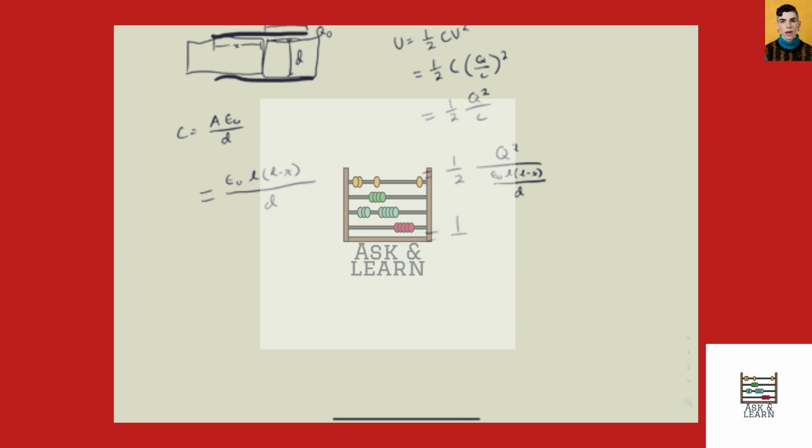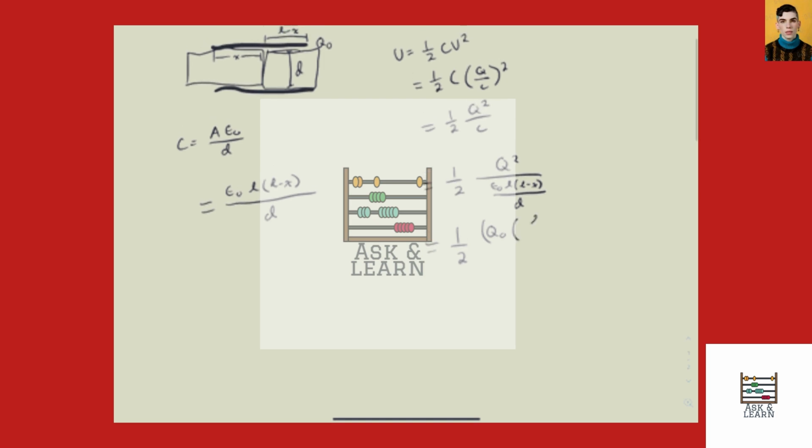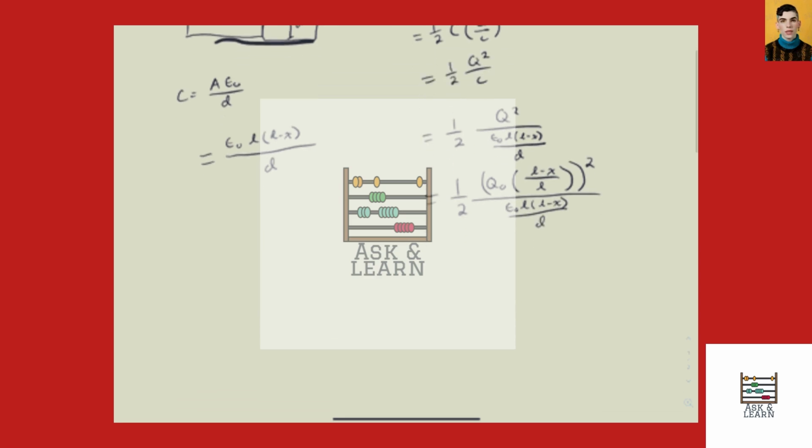So this is going to be Q0 times whatever fraction is left, so L minus X divided by the entire length, and that whole thing is squared. And now let's square this out, so we get Q0 squared, L minus X squared, divided by L squared.